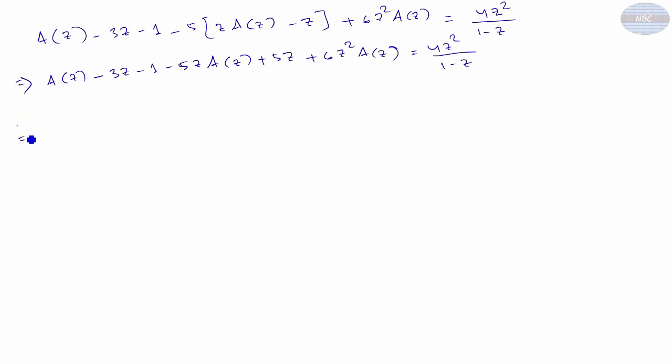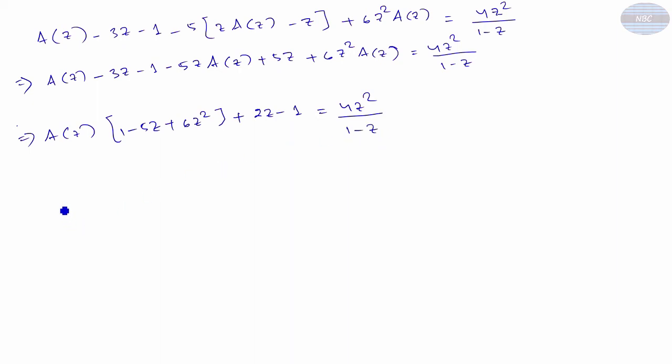So it is simplified as, we can have A(z) as common, so we have 1 minus 5z plus 6z square, and the rest of the terms are written as 2z minus 1, because 5z minus 3z is equal to 2z, and minus 1 because only one constant is there, equal to 4z square divided by 1 minus z, that is the right hand side.